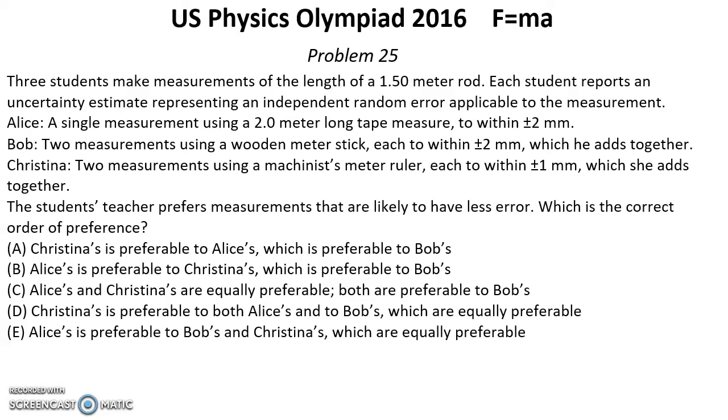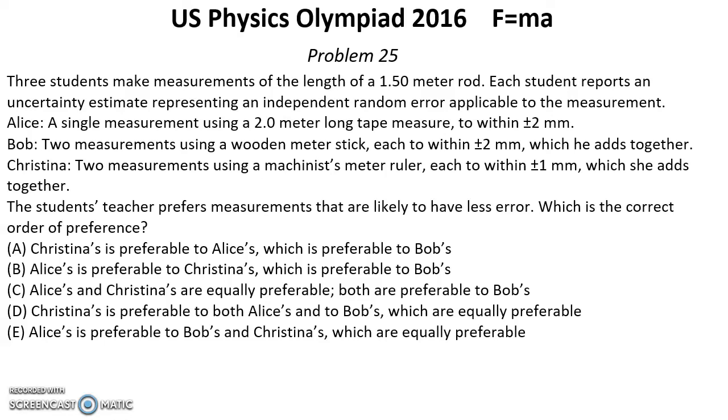Alice: a single measurement using a 2 meter long tape measure to within plus or minus 2 millimeters. Bob: 2 measurements using a wooden meter stick, each to within plus or minus 2 millimeters, which he adds together.